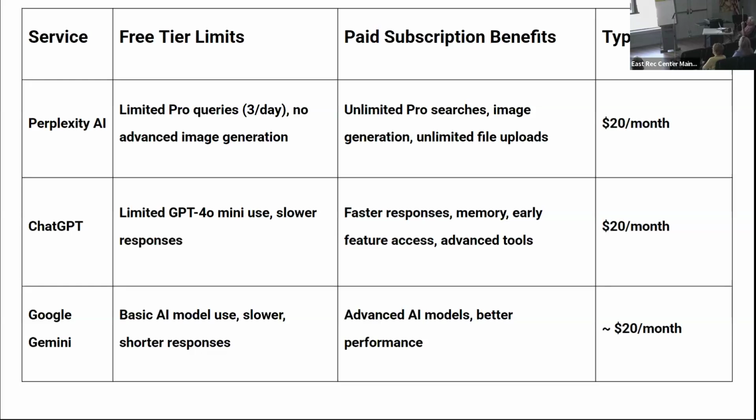Okay. So if you want to work within the free limits, you're only allowed a certain number over some time period for Perplexity. And if you're a casual user, that probably works fine. I happen to be a pretty much in-depth user, so I do pay the $20 a month. ChatGPT, I find to be awkward to sign into. It wants too much information from you to create an account, but it is a very powerful program.